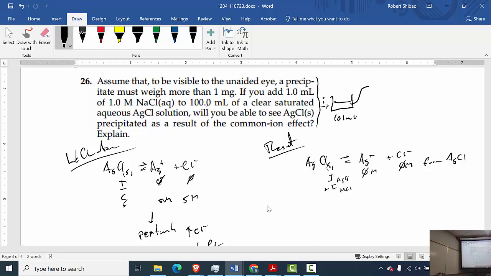For sodium chloride, I'm going to have the new concentration of this, which is going to be a 1 to 101 dilution of 1.0 molar. And what does that come out to?